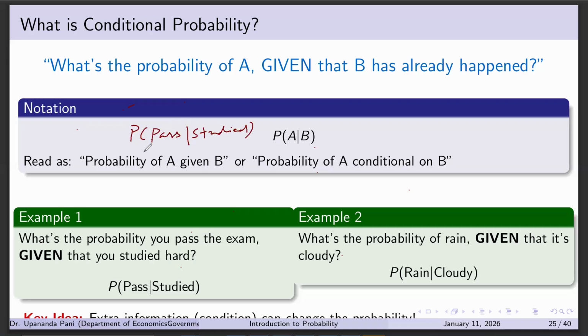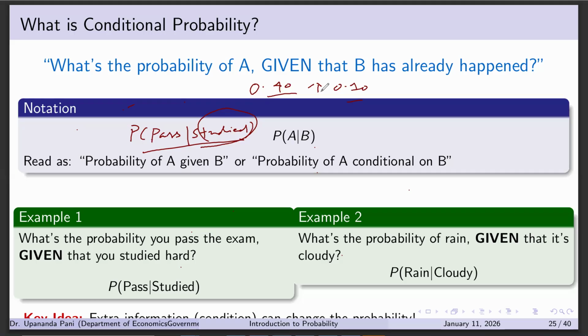You say, sir, I will not study, but I will clear. Let's say the probability is 0.40. But if you study, your probability will increase by a further 0.10. Are you getting my point? It is the extra condition which changes the whole game. That is why it is conditional probability.